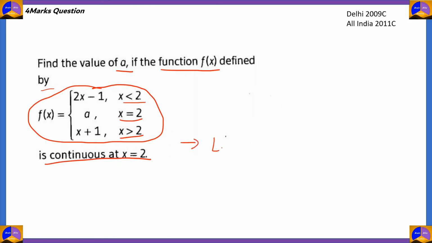Now that means the left-hand limit, LHL, is equal to the right-hand limit, RHL, which is equal to the function at the point of continuity. So f(x) at 2 will be equal to LHL and RHL of this function.